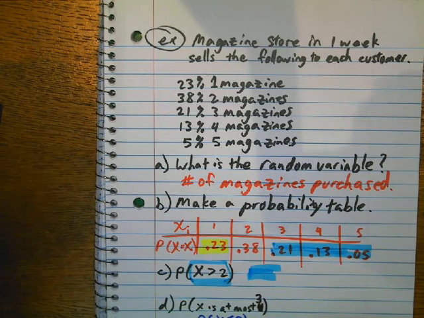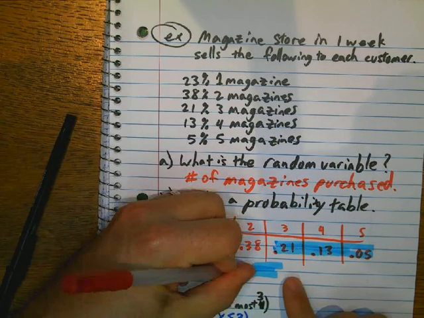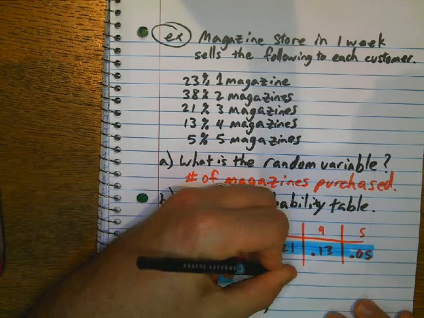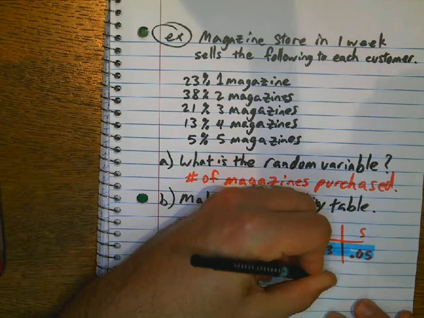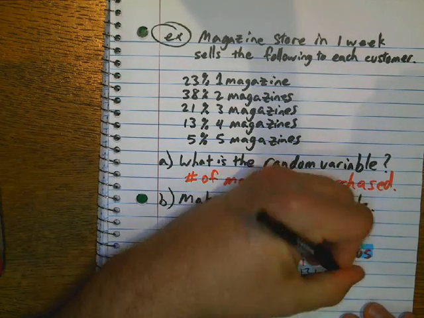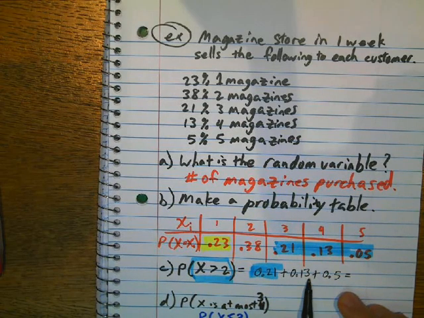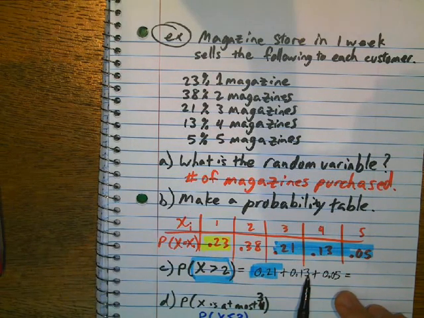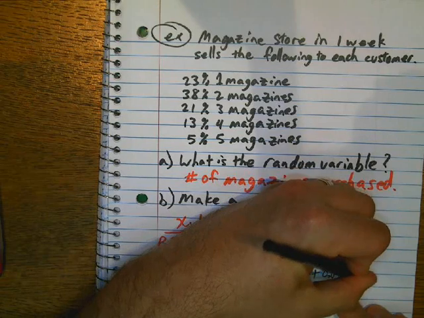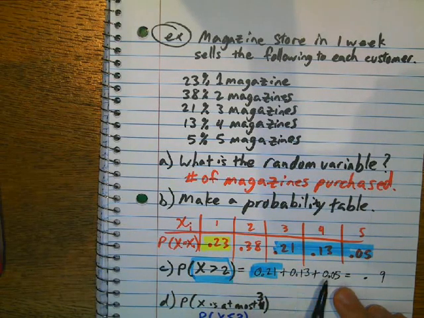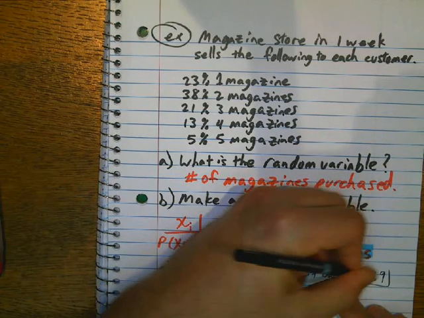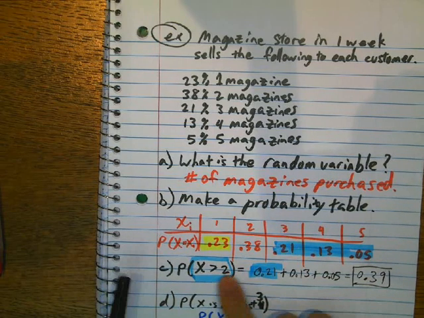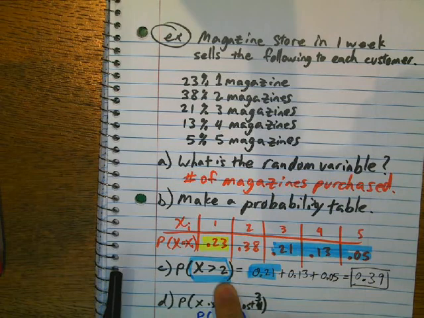So the probability of getting greater than 2 is equal to 0.21 plus 0.13 plus 0.05, and we're going to get 0.39, or a 39% chance that a person's going to buy more than 2 magazines.